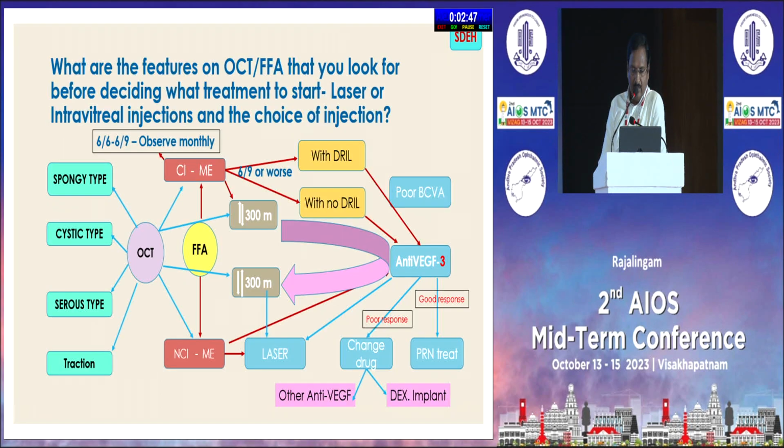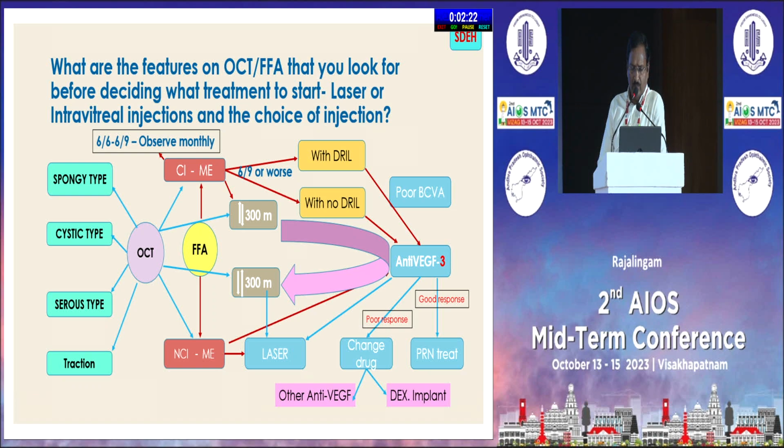This is the chart showing central macular involvement and non-central macular involvement. When there is central macular involvement with macular edema, you have to see the visual acuity, 6/9 or worse. You have to go for anti-VEGFs, and if the OCT says more than 300 micron, you should always choose anti-VEGFs.